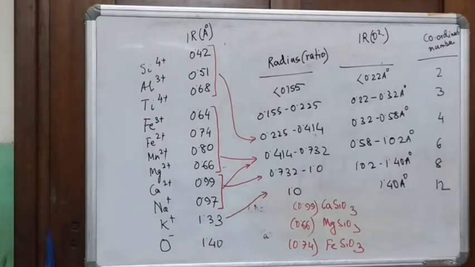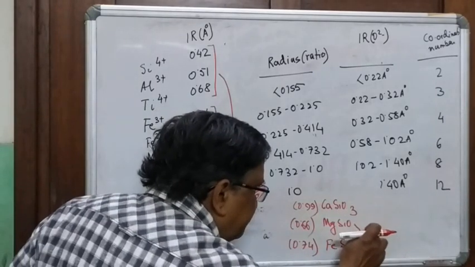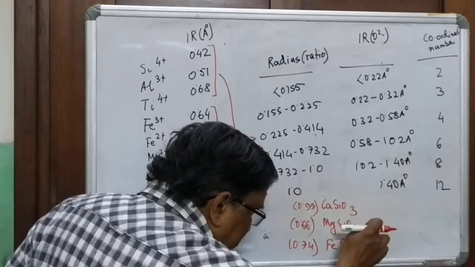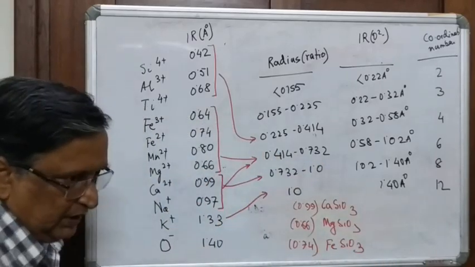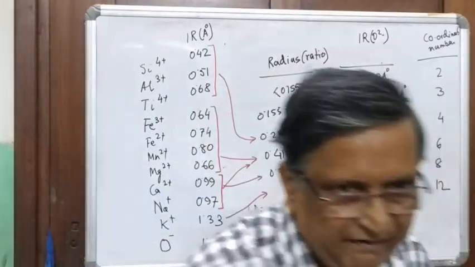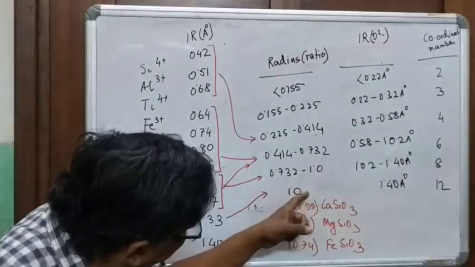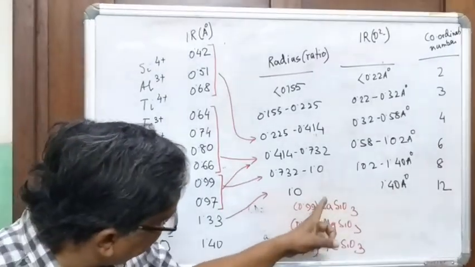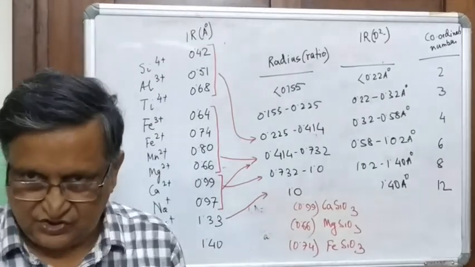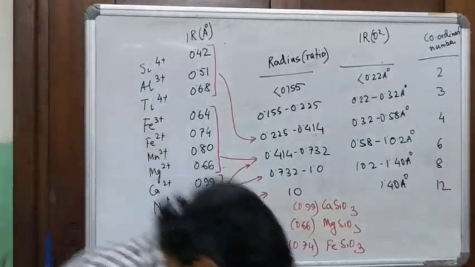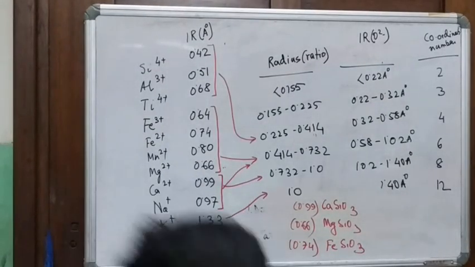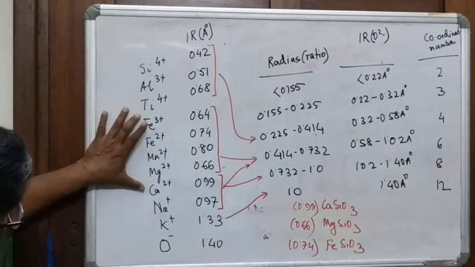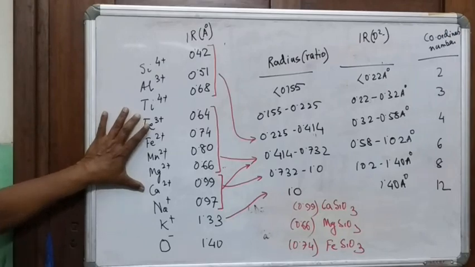So you can see all these components, thermodynamic components, CaSiO3, MgSiO3, FeSiO3, have different structures. Well, the silicon oxygen is the same, but you have different cations lodged. Different cations lodged in 6-fold coordination, or calcium could go into 8-fold coordination.